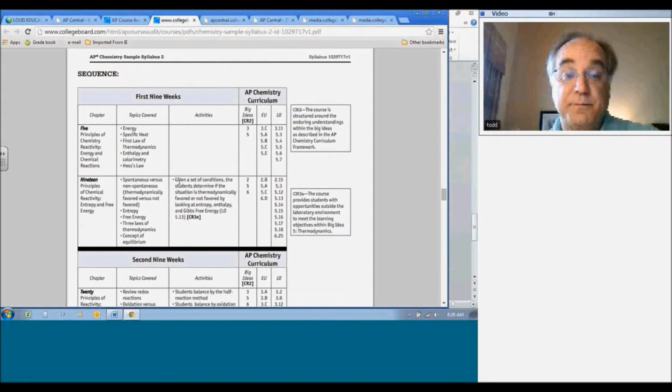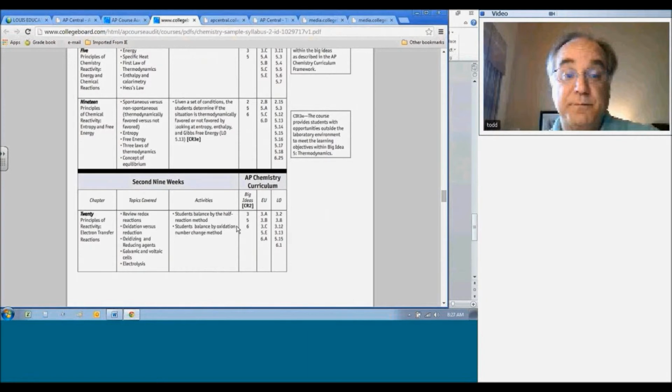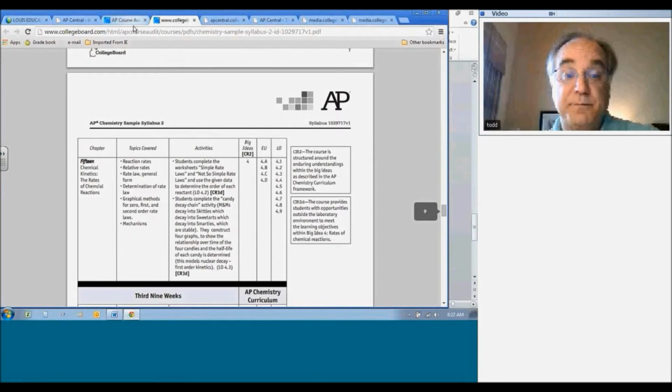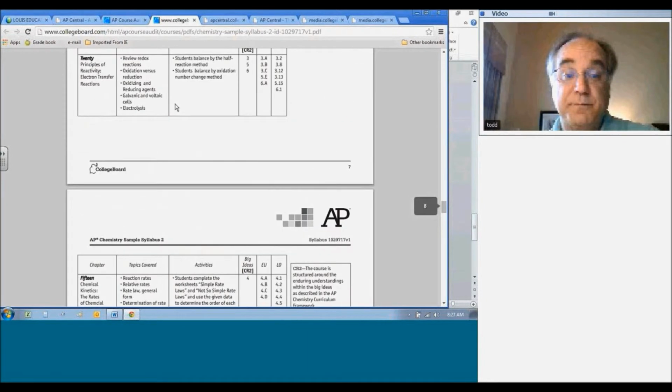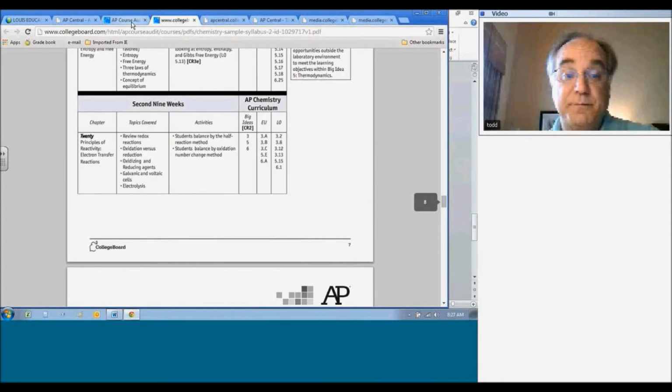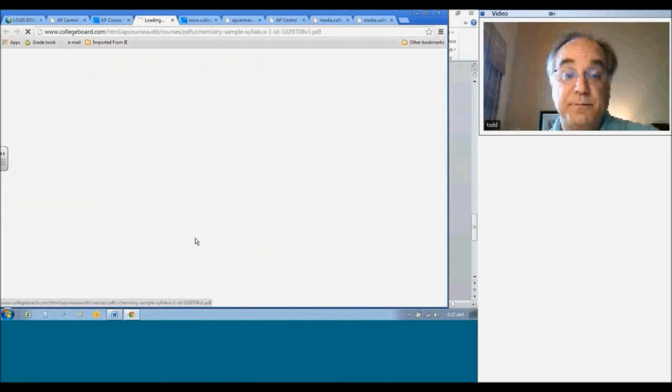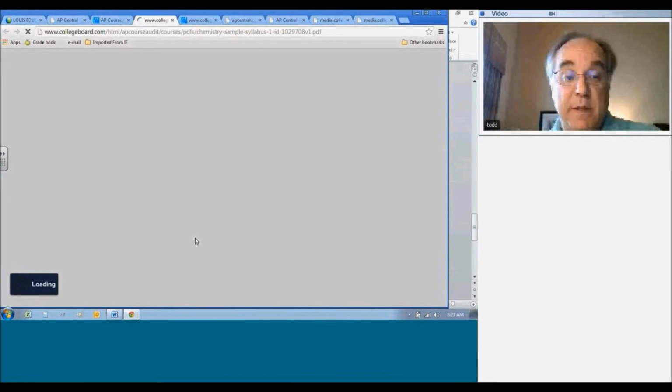The big ideas are listed, and there are activities that are not a lab that are related to each of the big ideas that are listed. That's this part right here. So there's a variety of sample syllabi that you can choose from to look at as an example. You can look at another sample syllabus, and that will be for the Zumdahl book, if I am not mistaken.